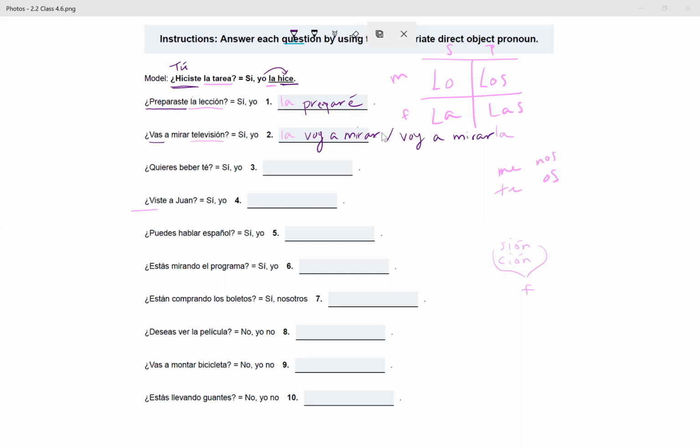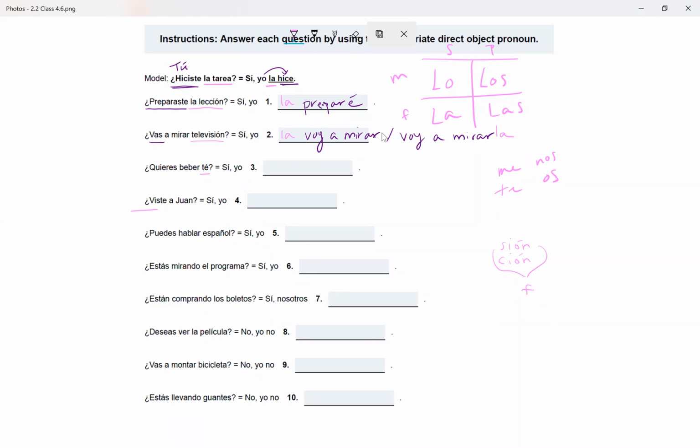All right, so in number 3, what is the direct object? ¿Quieres beber té? Beber is a verb, and so is quieres. So té. And té means tea, as in coffee or tea. And okay, so do we think el té or la té? El. Yeah. So we're going to replace té with one of the four direct object pronouns that we've been working with.